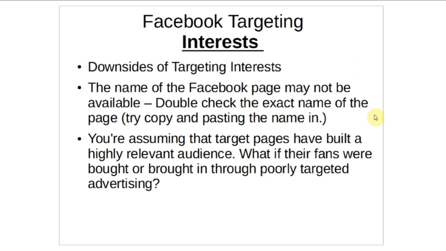There are downsides to targeting interests. For some reason, there's a little glitch on Facebook where some names of pages just don't come up. If you're trying to target another page, a competitor's page, or a page relevant to your niche or industry, and you type it in and it doesn't come up, then try copying and pasting it from their page, and if it still doesn't come up, it's just not going to work that day for you.